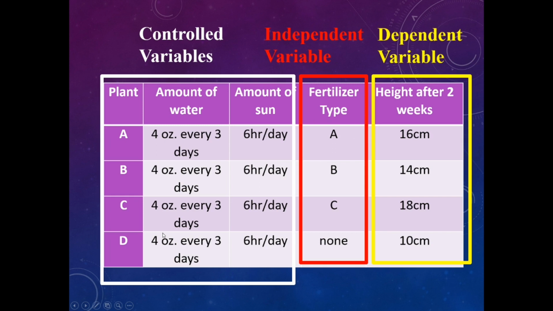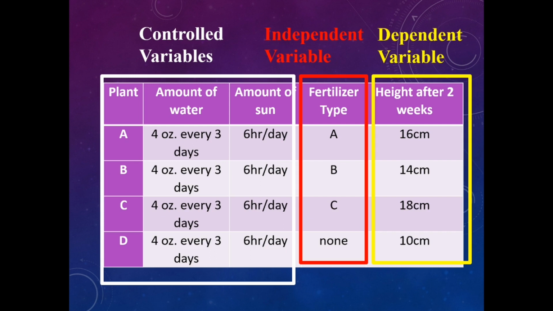And one more thing before we talk about these red and yellow terms here: why do we have a plant D anyways? Why do we have a plant that has no fertilizer? The reason for that is because this is actually what's called our control. And the control is basically a baseline for comparing whether the fertilizer is helping at all.